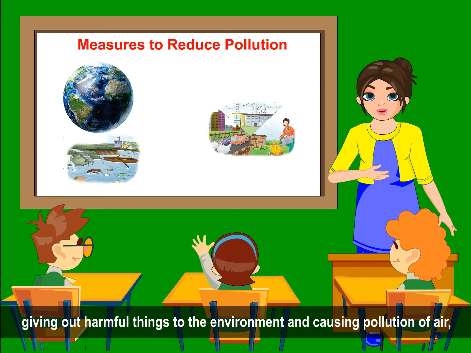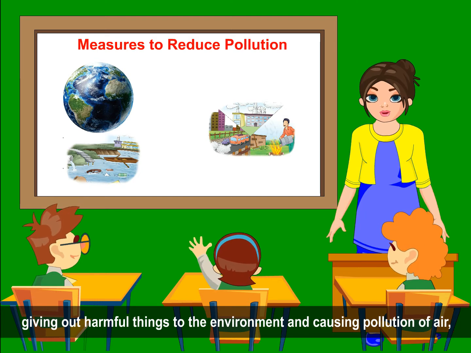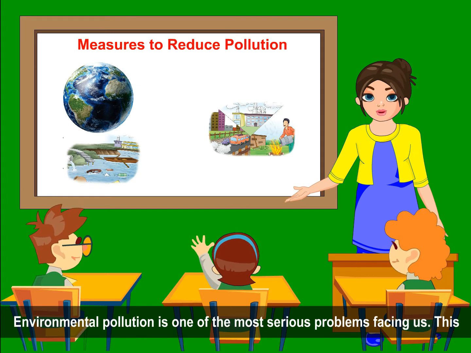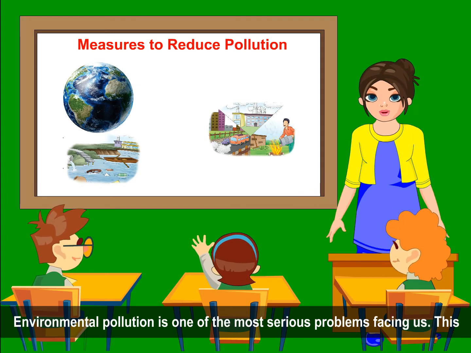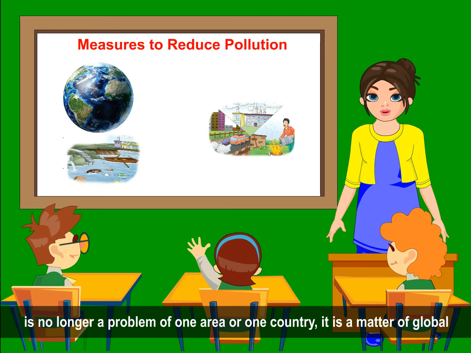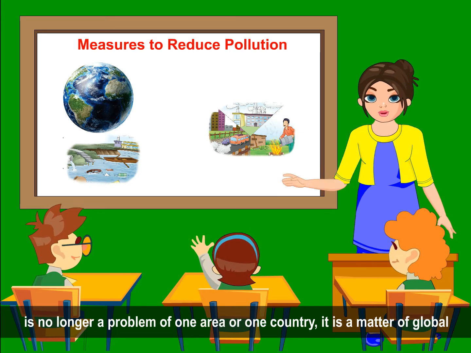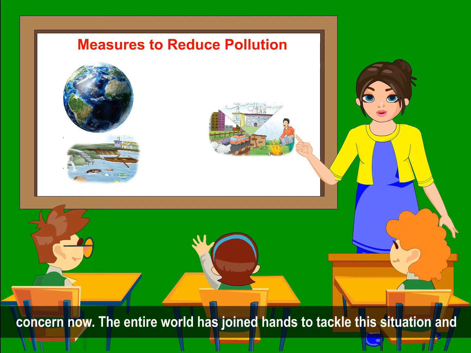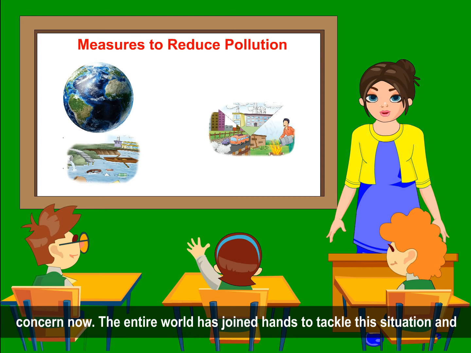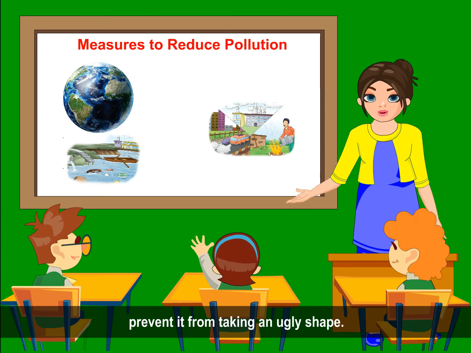We are giving out harmful things to the environment and causing pollution of air, water, and land. Environmental pollution is one of the most serious problems facing us. This is no longer a problem of one area or one country. It is a matter of global concern now. The entire world has joined hands to tackle this situation and prevent it from taking an ugly shape.